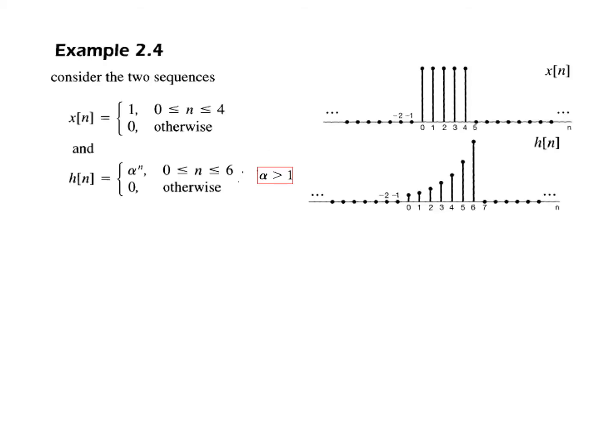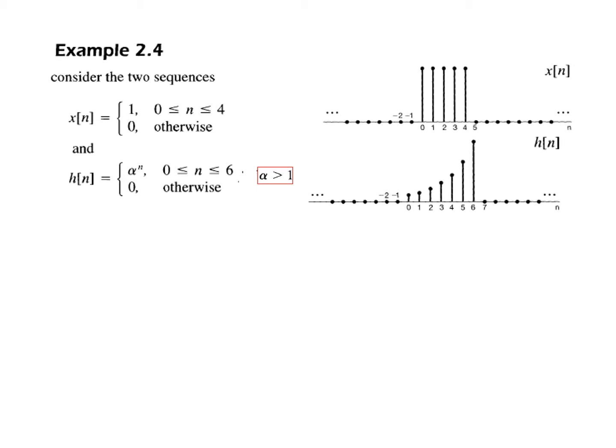Now straight away we come on to problem 2.4. The two sequences are given here. x[n] is 1 for n from 0 to 4. So you can see from 0 to 4 this has amplitude 1, and it is 0 otherwise.